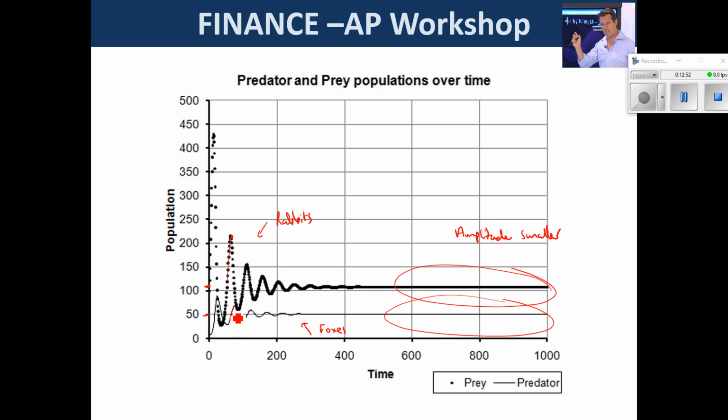And so now the fox population is starting to increase, which means they're starting to eat more rabbits. So then the rabbit population will take effect and start going down. And when there are fewer rabbits, that means we're going to have less food, and therefore the efficiency with which they're going to make little baby foxes is going to be less. And so these two graphs are always slightly out of phase. There's kind of a lag factor. But if they're tending towards a horizontal, or the amplitude is getting smaller, then we're reaching an equilibrium.